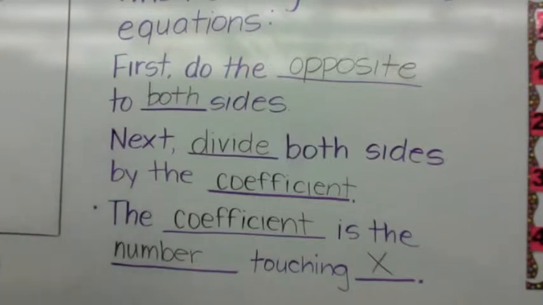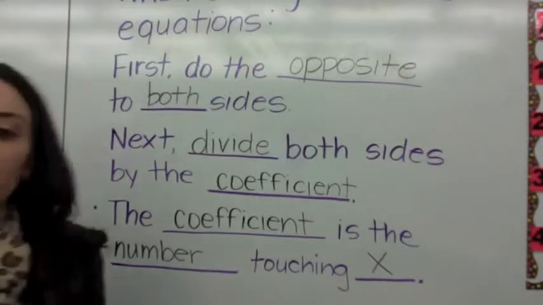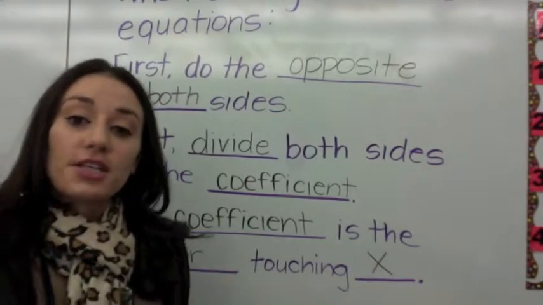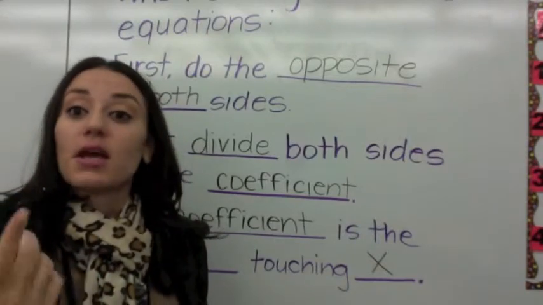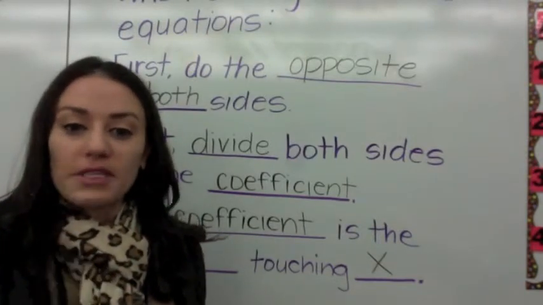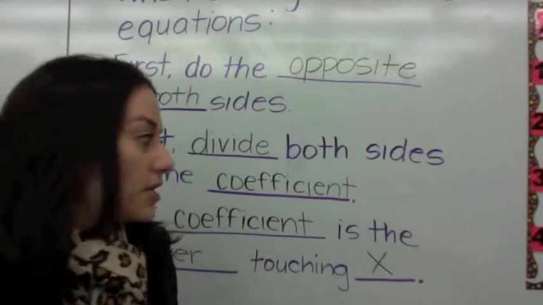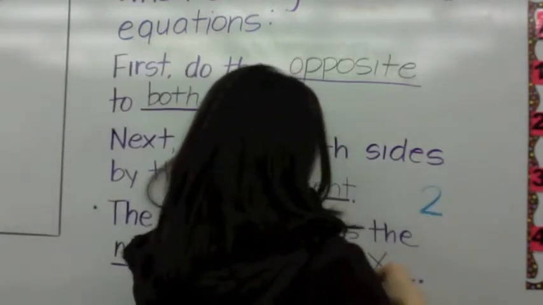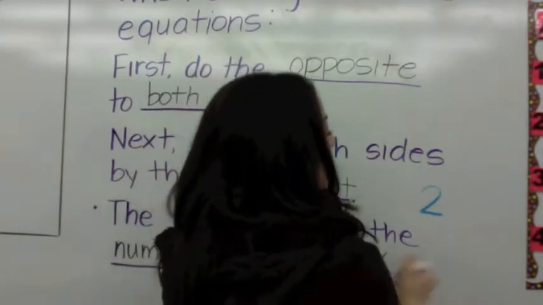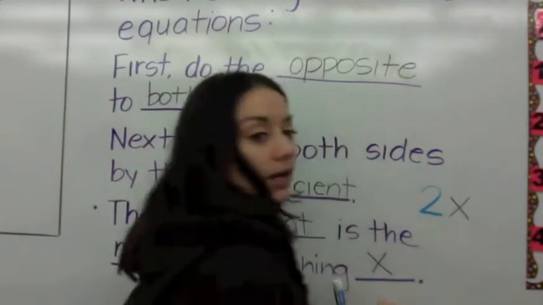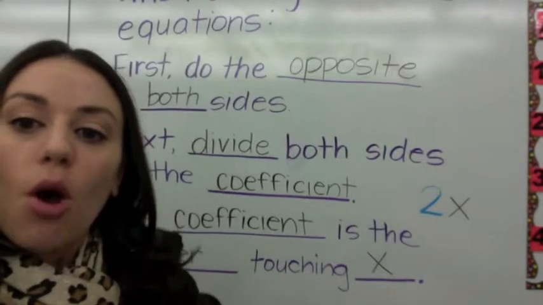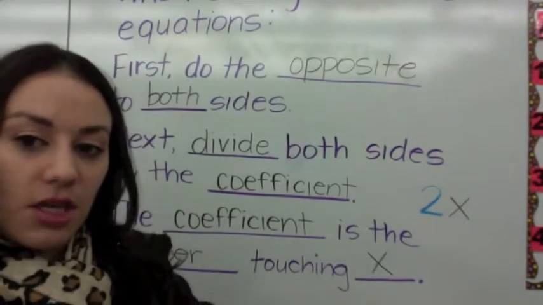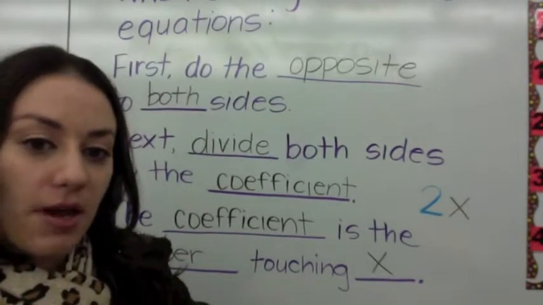So if I say the word coefficient, coefficient is another word that means number. For example, you all know this example. If I write 2x, what's the coefficient in the term 2x?